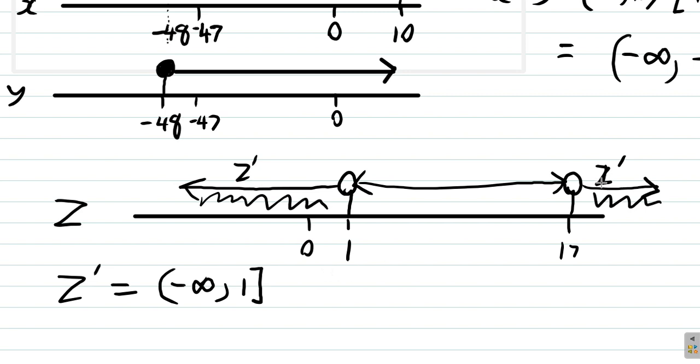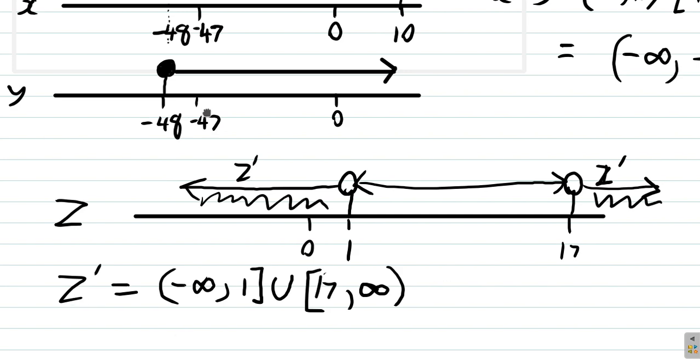As for what happened over here, 17 up to positive infinity. And it would be a union sign between these because you're not looking at any overlap. So it's union. That's what you would get for that answer.